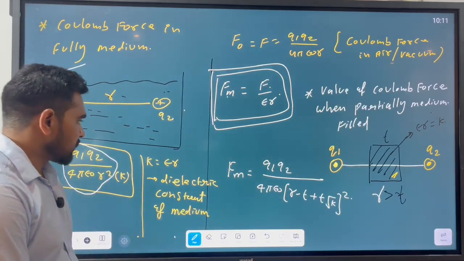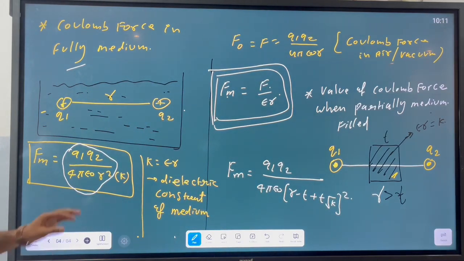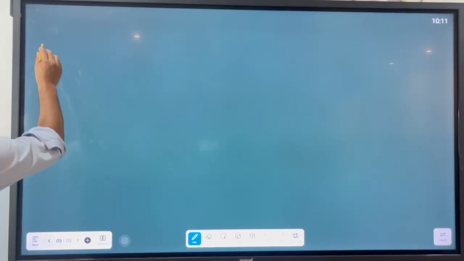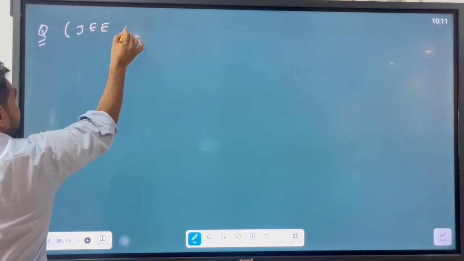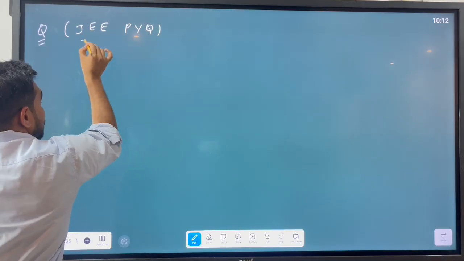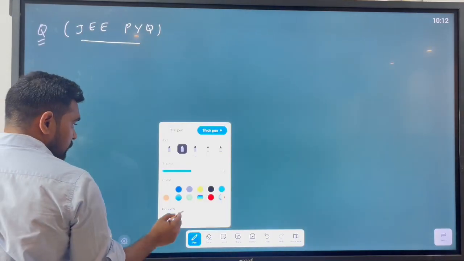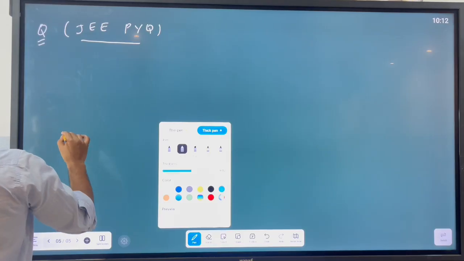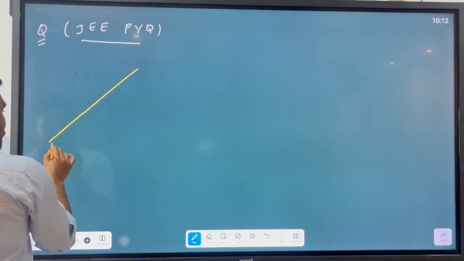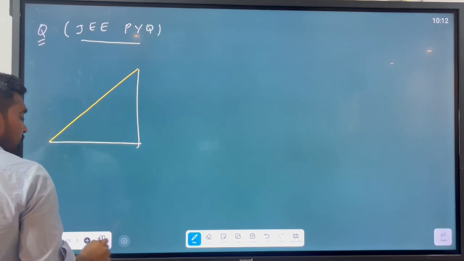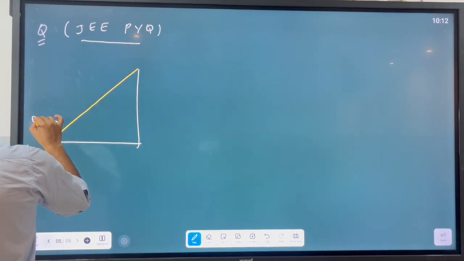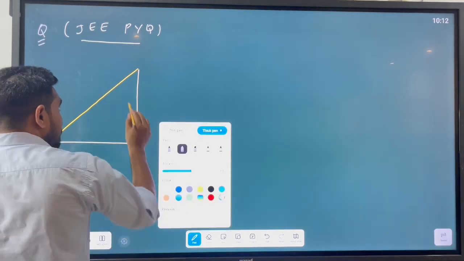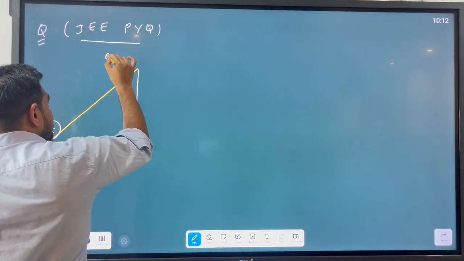Let us start the next numerical problem related to the Coulomb force, a numerical problem of JEE previous year questions. Suppose this is an inclined plane, and here is a positive point charge Q1 and here a positive point charge Q2.